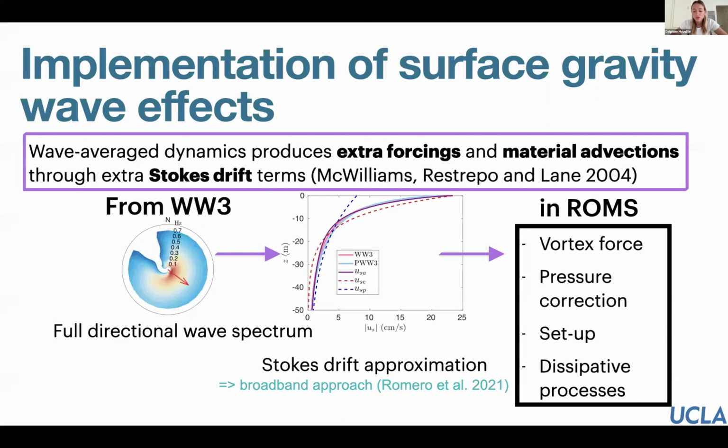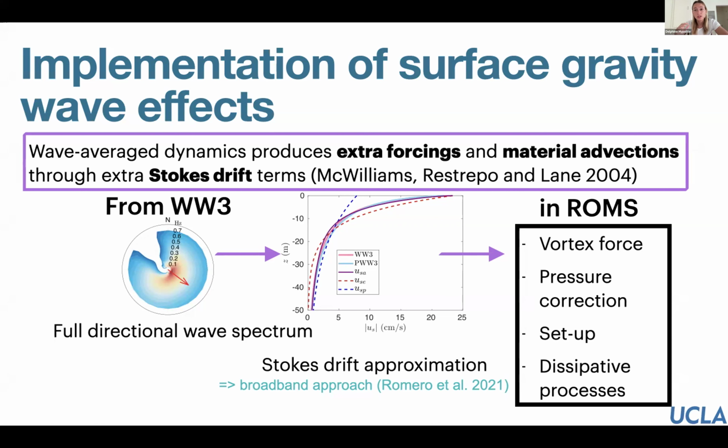So how can we try to resolve those phenomena in numerical simulation, especially with ROMS? We use a framework that we call wave average. So we leverage an asymptotic theory that basically separates scales, from the super small scales, high frequency wave oscillations, to the low frequency currents, right?